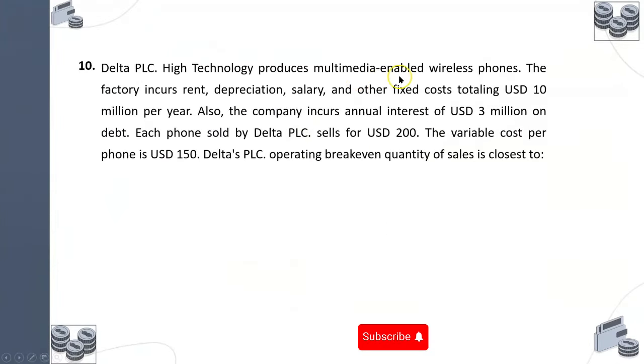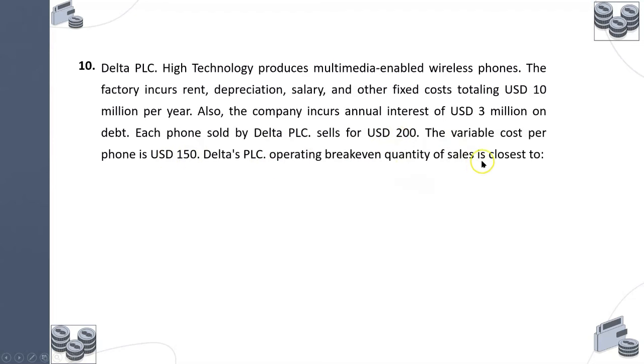So you have two fixed costs, operating and financing fixed cost. Each phone is selling for $200 and the variable cost is $150. That means the contribution is the difference between the selling price and the variable cost per unit, which is $50.